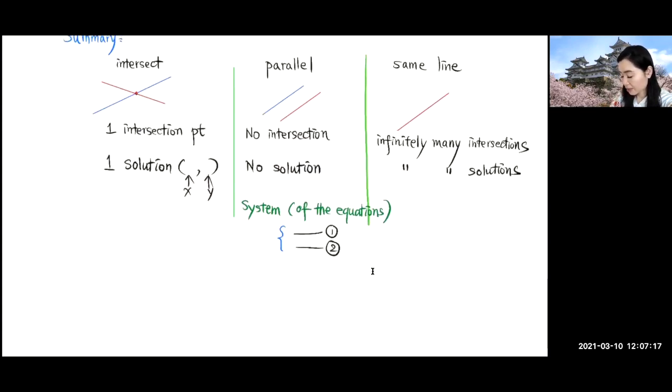It's called a system. You put a brace here, showing that these two equations make up a system of two equations.